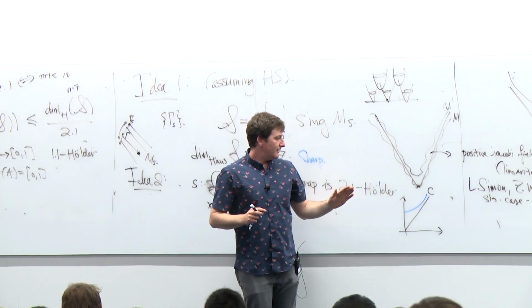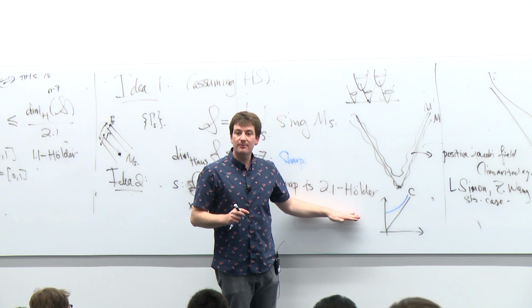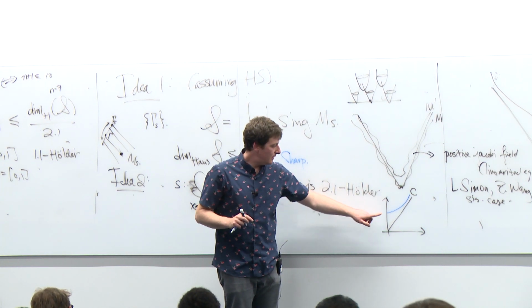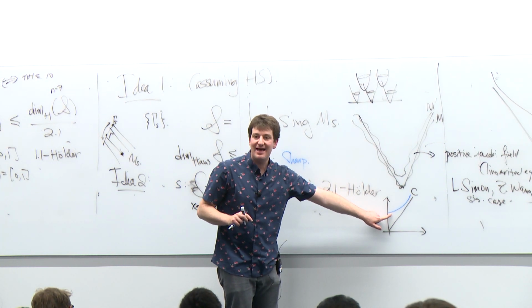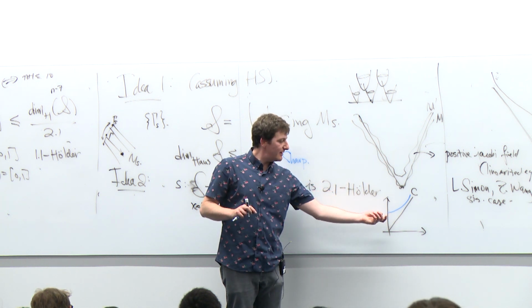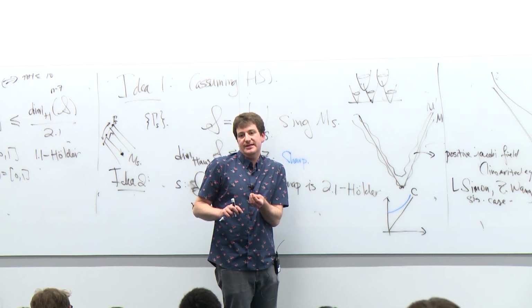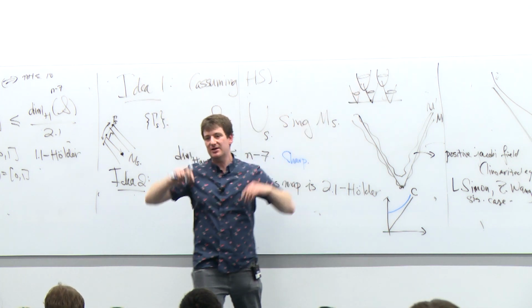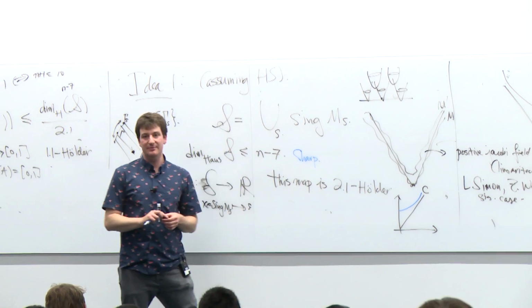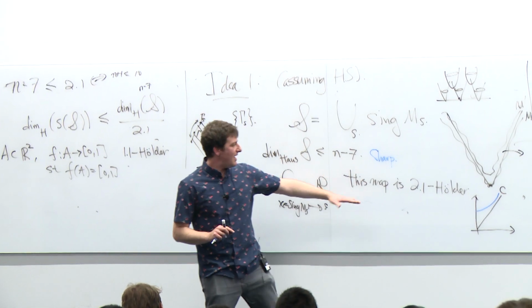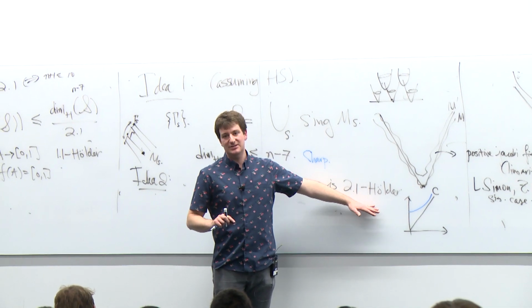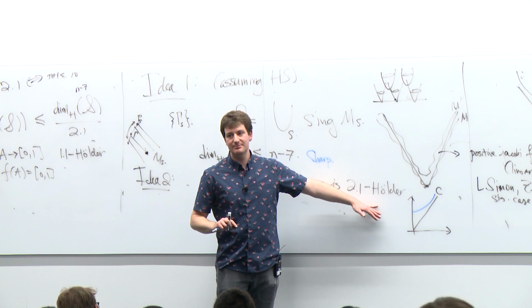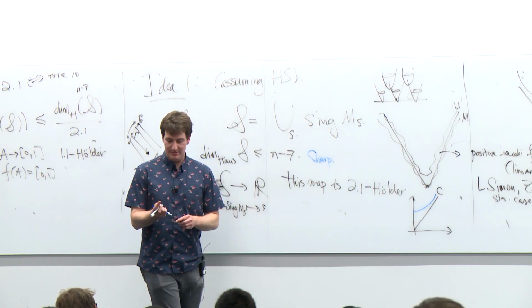And so that estimate is completely sharp, except this example doesn't have a singularity. So you would need to somehow use that in the small scale you have a singularity, and then do something at a much bigger scale. So it's not clear if that estimate could be improved. So I think it's possible that this is a place where one could improve in higher dimensions, but I don't know how to do that.